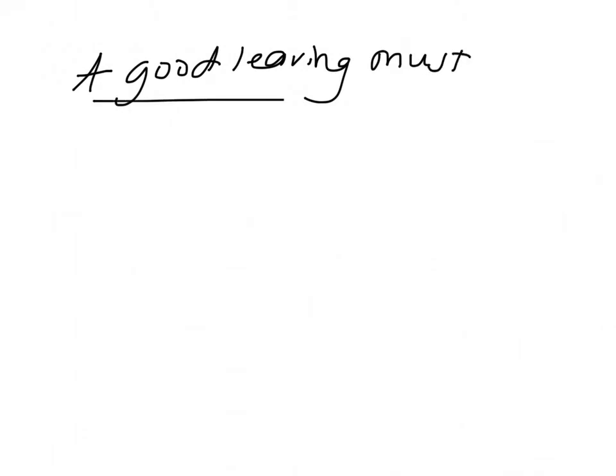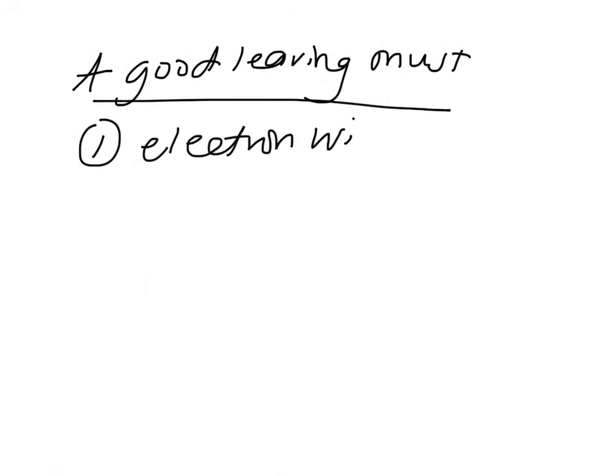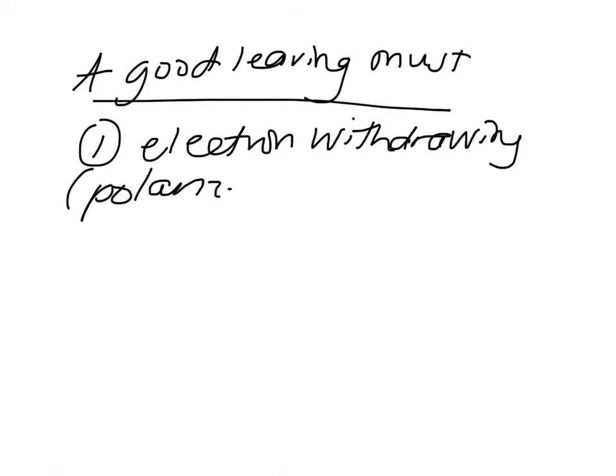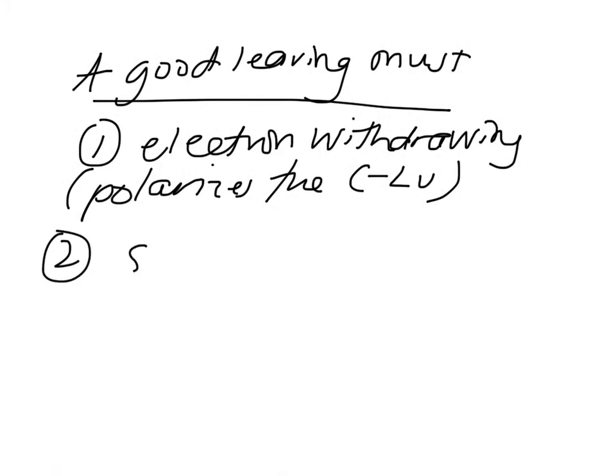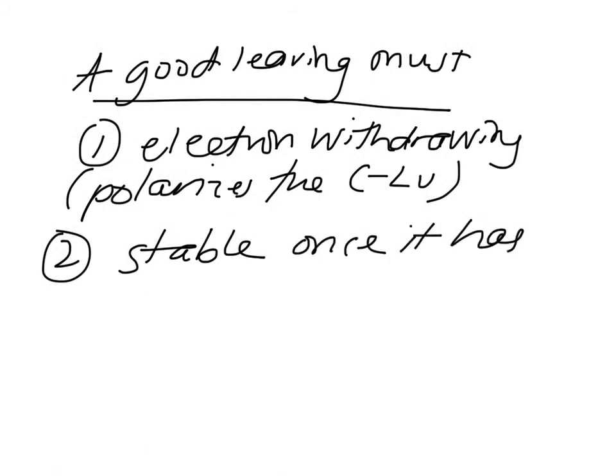To do this, a good leaving group must, one, be electron withdrawing, this polarizes the carbon leaving group bond, two, be stable, so once it has left, it's not a strong base.